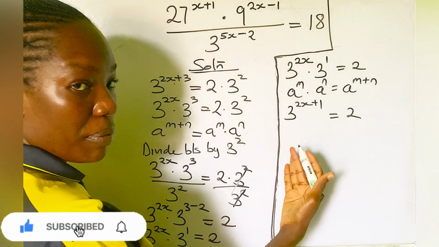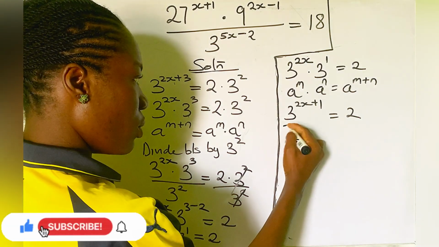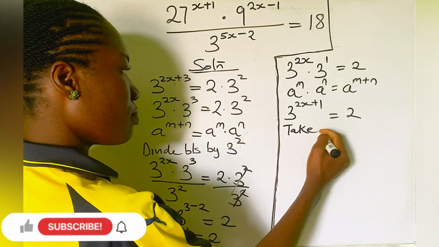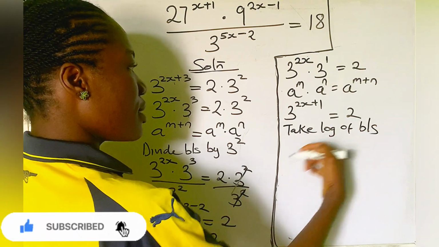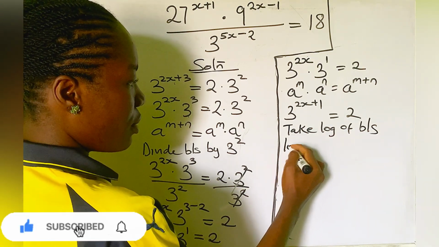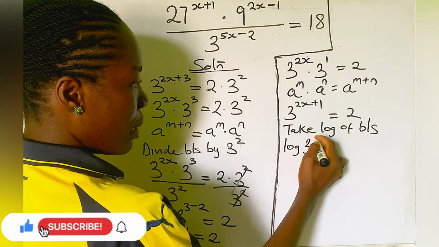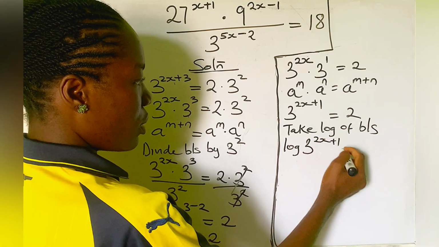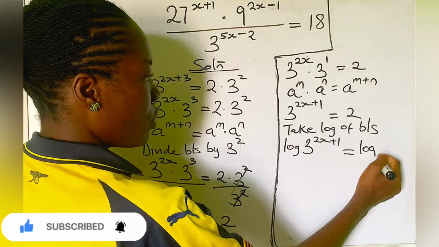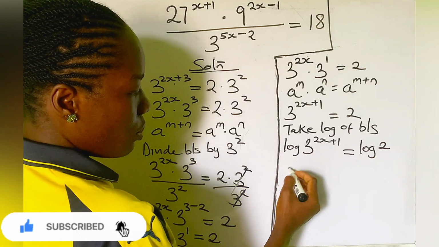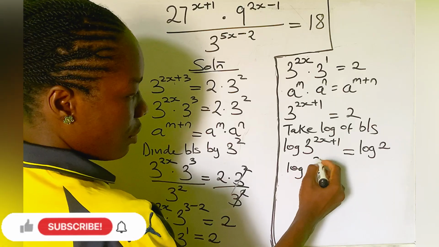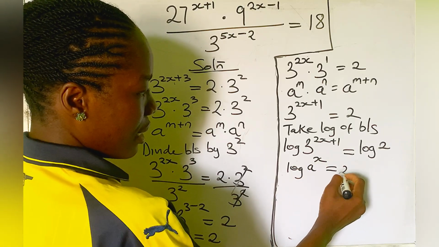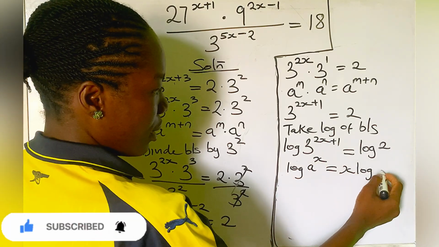Now the next step here is to do what? Take log of both sides, right? So when we do that, we'll have log 3 raised to the power of 2x plus 1 is equal to log 2. When you have another logarithm rule, a to the power of x is the same thing as saying x log a.